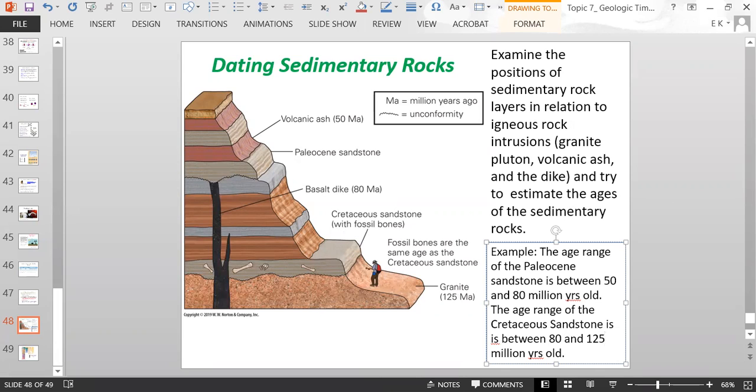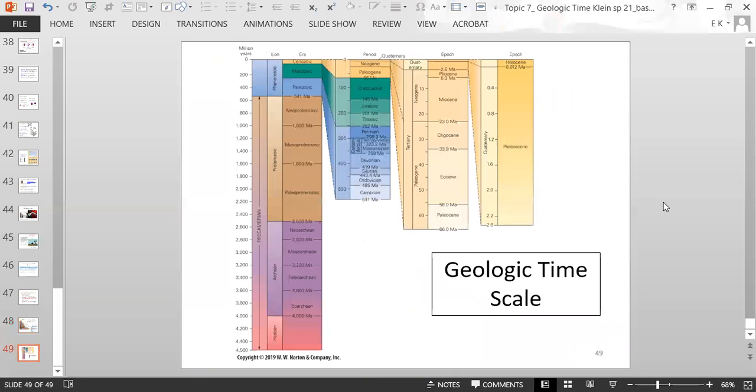Okay, good. So let's move on to look at the geologic time scale. So this is the geologic time scale, and it goes from 0 million years to 4,560 million years, which is really 4.56 billion.